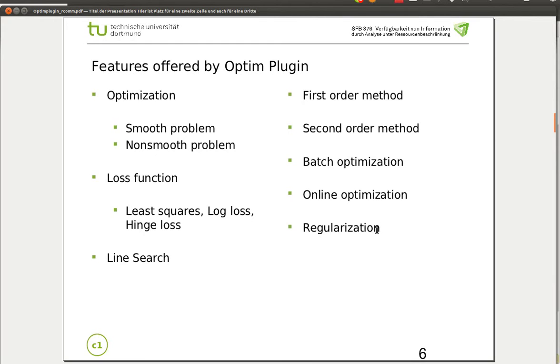The plugin also supports various regularizers such as L1, L2, elastic net, and group L1. The plugin features the implementation of dual regularized averaging, which is capable of finding highly sparse solutions in high dimensions.